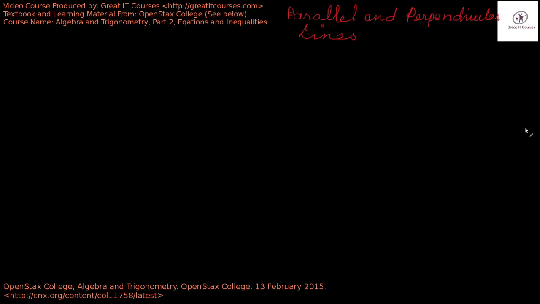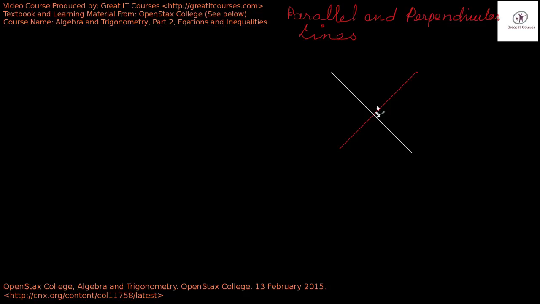Or if you take the slope of each of those lines and multiply them together, for example, let's say you have this line over here and also this line over here, and these are perpendicular.